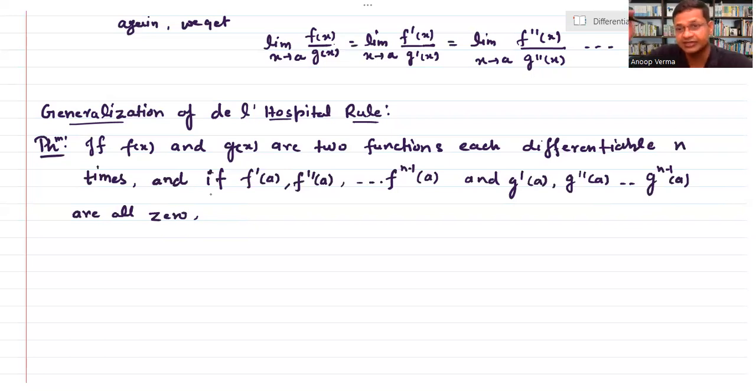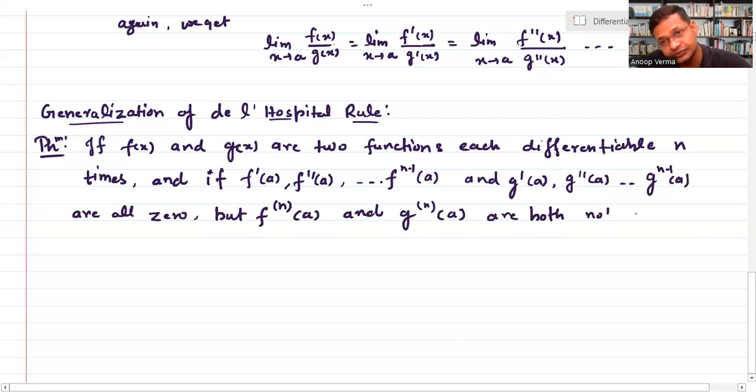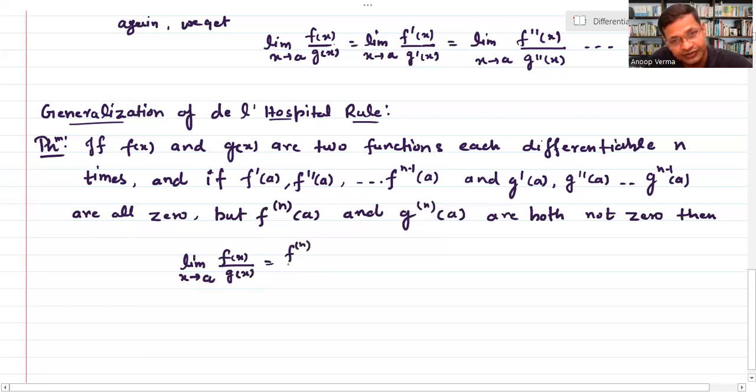limit of the function by applying the L'Hospital rule again and again. Okay, so this is f nth derivative at a, and g nth derivative at a are both not zero, then limit x tending to a of f(x) upon g(x) is just equal to the nth derivative of f at a upon the nth derivative of g at a.